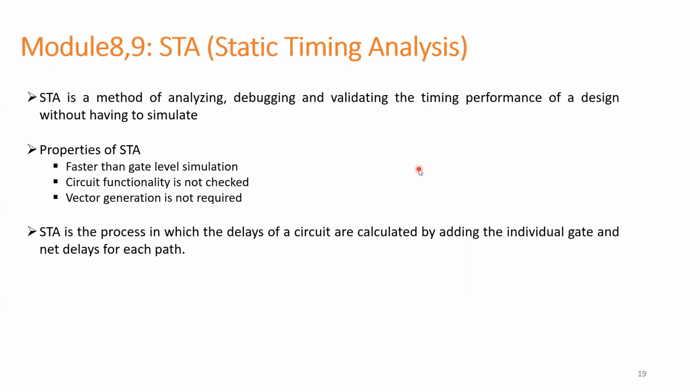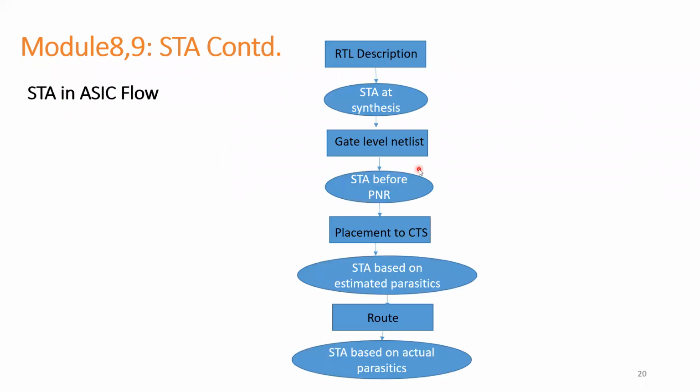Using these numbers, we calculate the combinational logic delay and do setup slack analysis and hold slack analysis. If there is any negative slack violation, we need to figure out ways to fix it. So that is about static timing analysis.